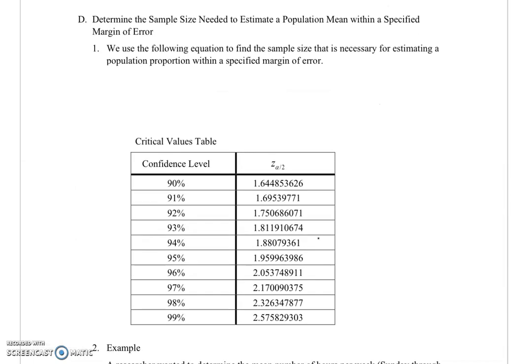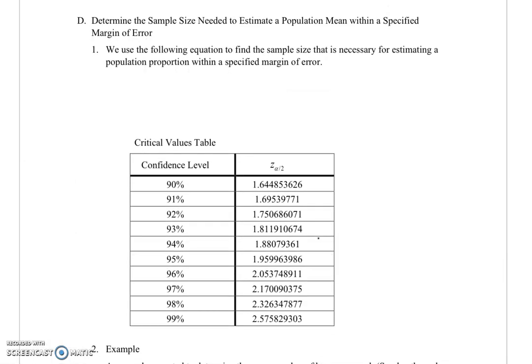Now let's talk about the minimum sample size to estimate a population mean within a specified margin of error. So the equation for this is a little bit different than the equation for finding the sample size needed for a population proportion.